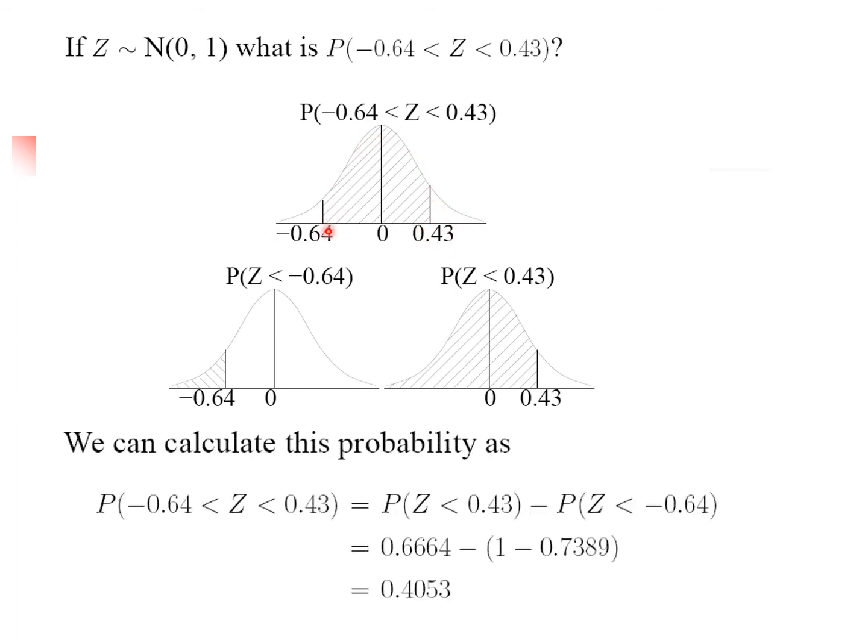So this area you want to find out, isn't it? Now the table happens to give you the area to the left hand side of the z value. So to find this area, first you find the area on the left hand side of 0.43, and then on the left hand side of minus 0.64, and then subtract it.